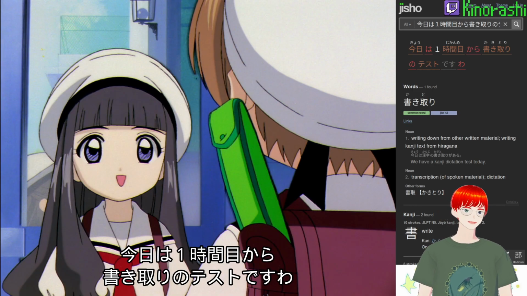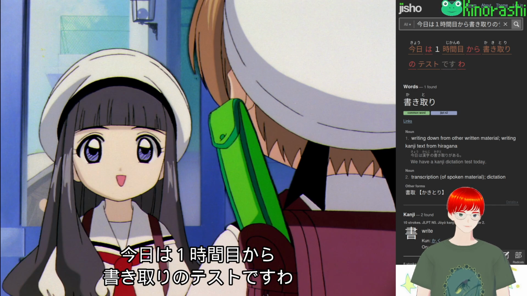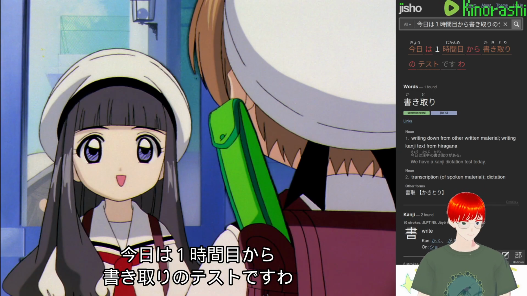The particle kara is used after ichijikan me to explicitly mark the starting point of the action or event, while ichijikan me ni tesuto desu, in the first period, simply states when the test happens. Adding kara changes the nuance to starting from the first period.